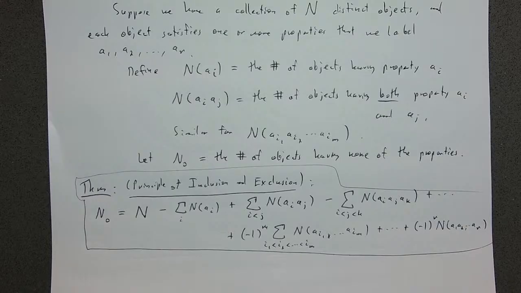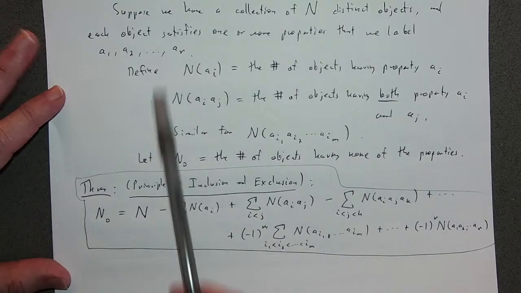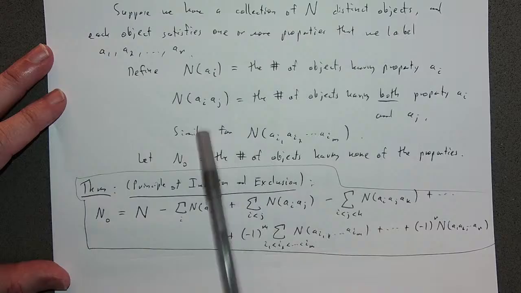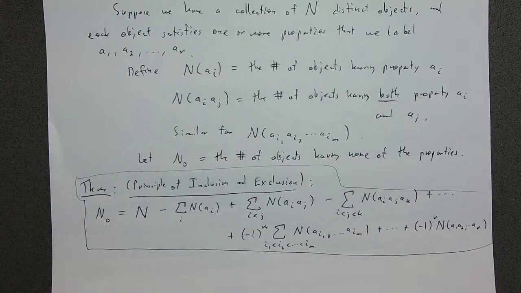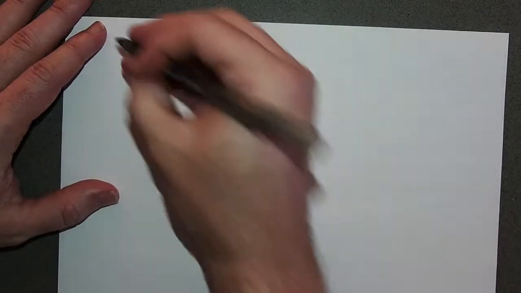But actually, if you read through this, this is phrased in a way where indistinct objects satisfying some number of properties is actually vague enough to apply to a lot of situations where you might be worried about the count of a thing. And so, some applications.